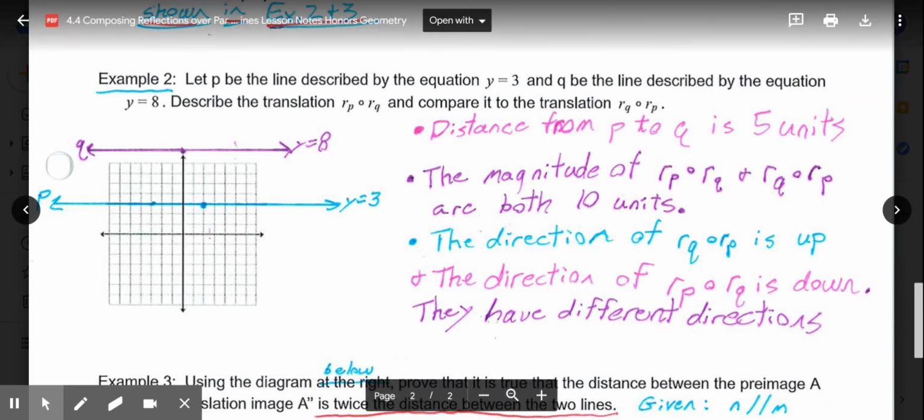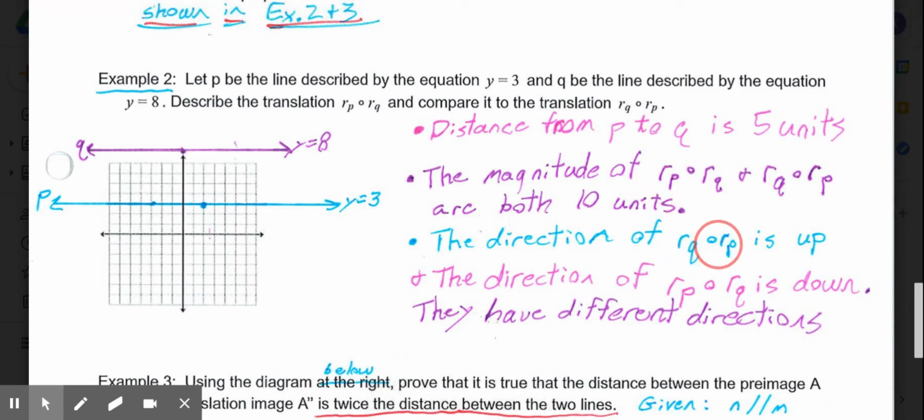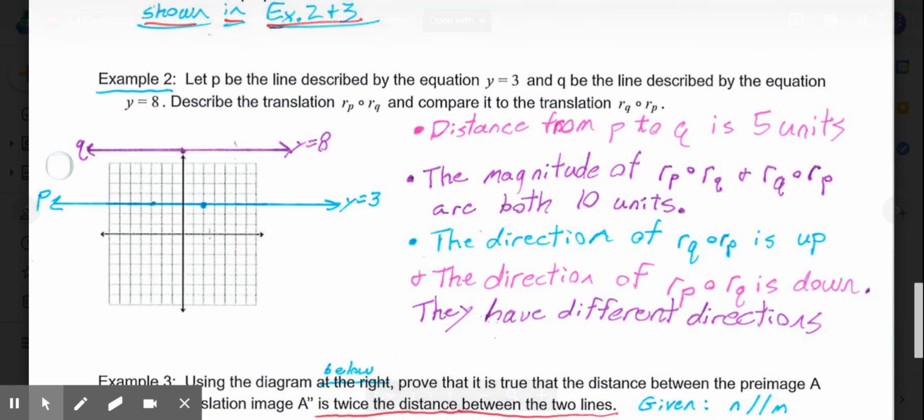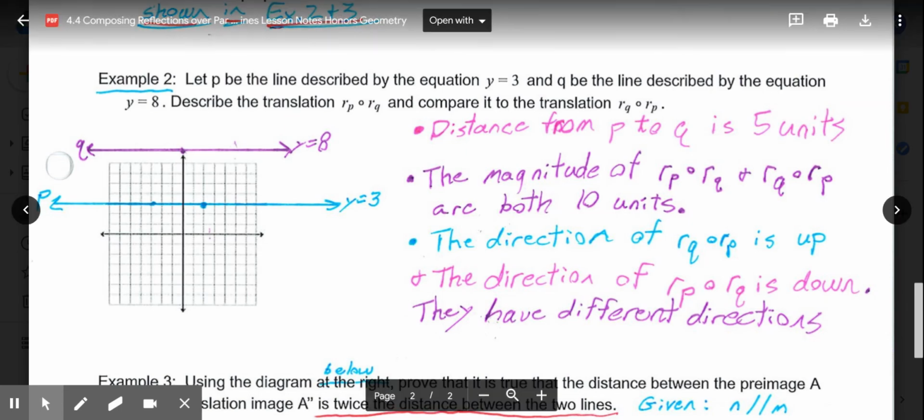Then the direction of RQ following RP. So if we were going to reflect over P, then over Q, if I had a point right here, reflecting over P, then over Q, my direction would be vertically up. So in this case, we would just call that up.